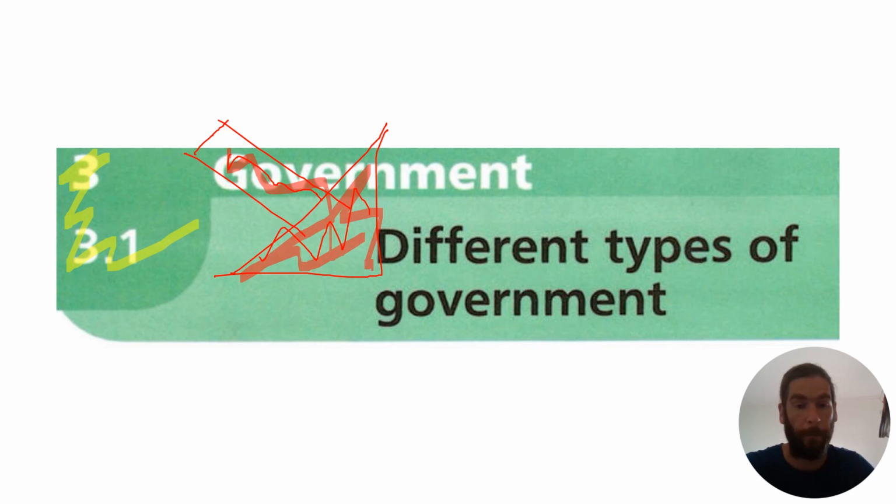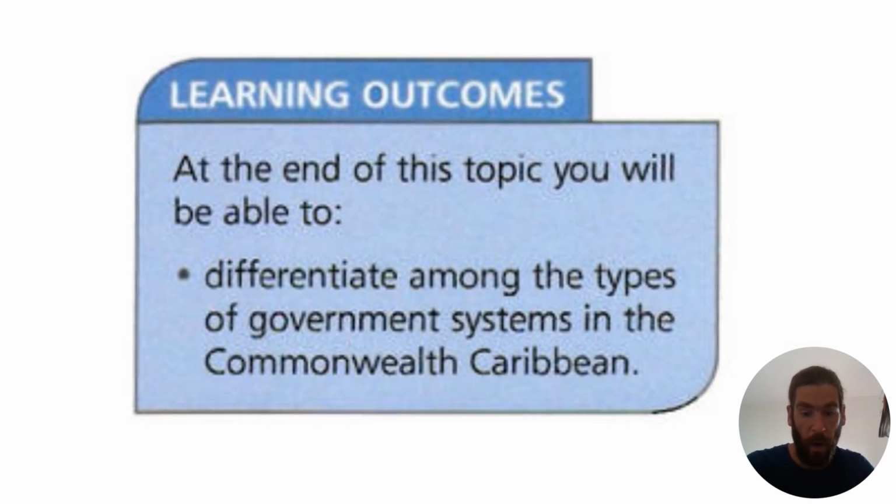in the Caribbean. And what are the learning outcomes of this paragraph? At the end of this topic, you will be able to differentiate. Differentiate means distinguish, but it's more than distinguish. You gotta recognize and make a difference between different kinds of government systems in the Caribbean.